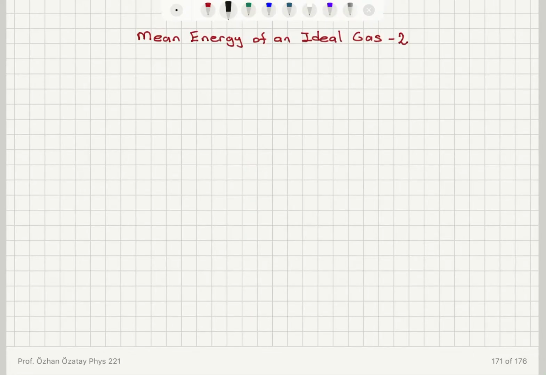The mean energy per molecule is by definition a sum over all possible states, probability of a state r multiplied by its corresponding energy epsilon r. And remember, we're doing this for a non-degenerate gas.